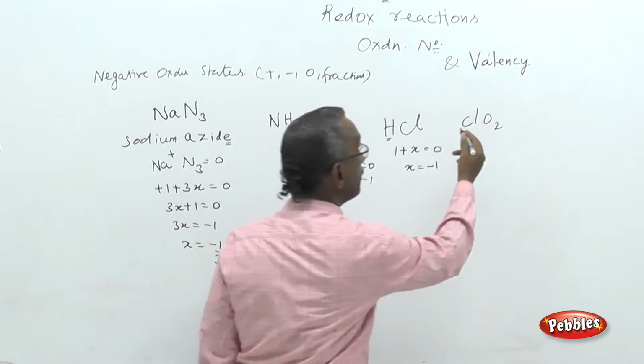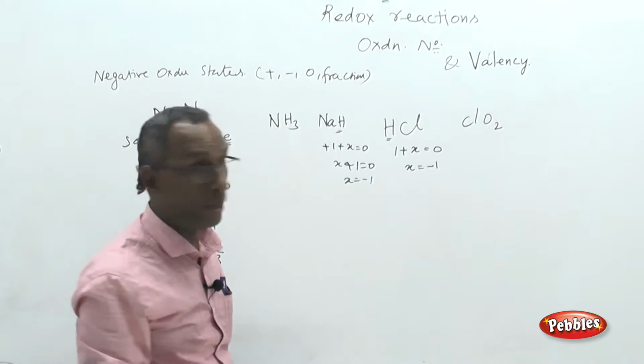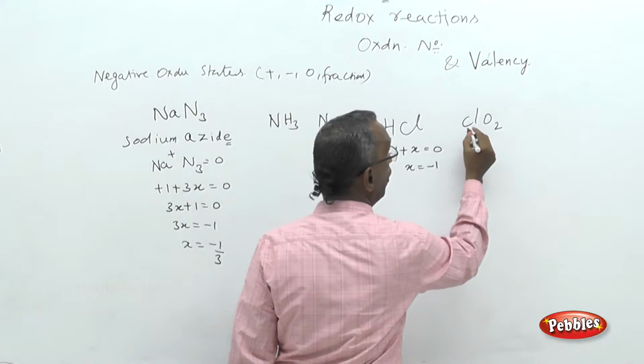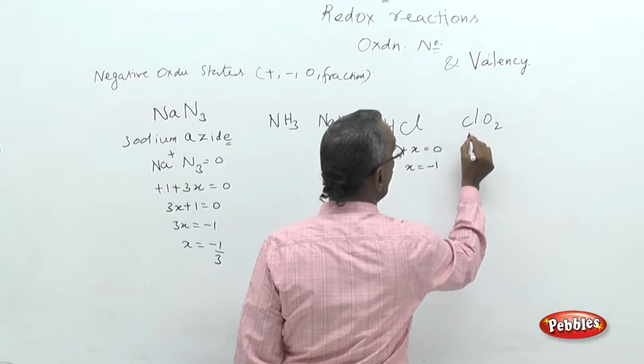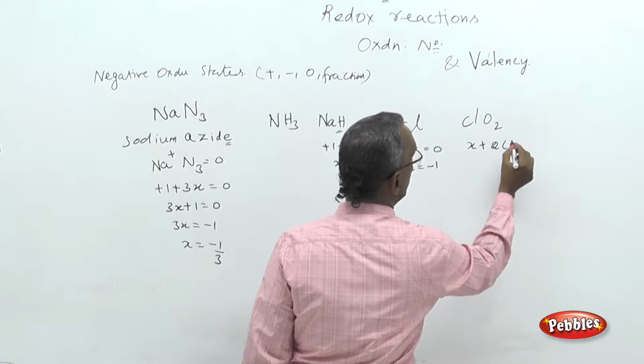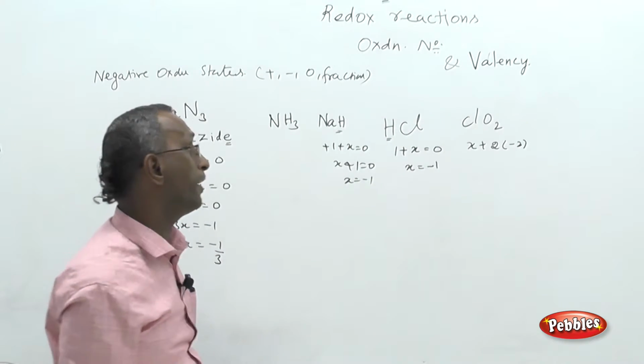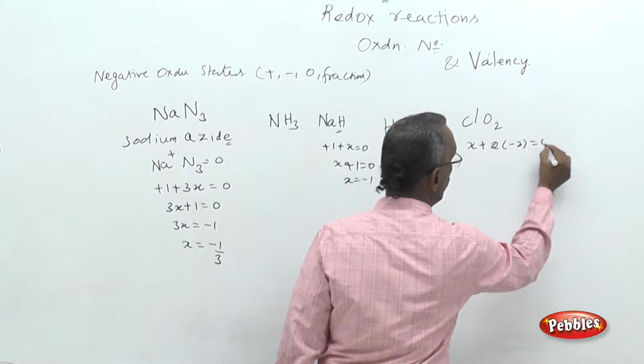But in ClO2 the chlorine oxidation state would be positive, because we call this compound chlorine dioxide. Oxidation state of chlorine, let it be x, plus there are 2 oxygen atoms, each having an oxidation state of -2, equal to 0.